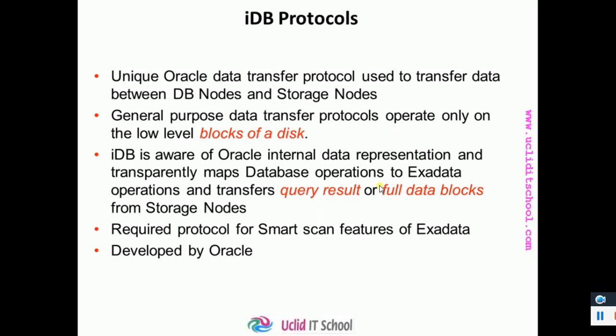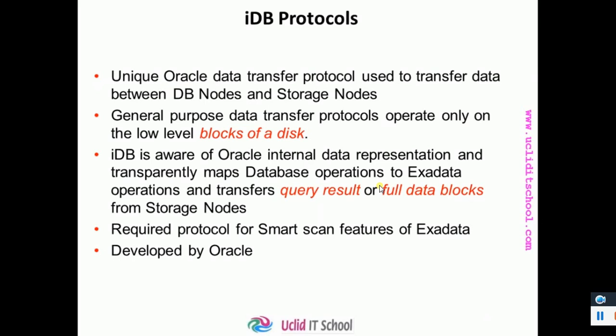In the database machine, in Exadata, the protocol used is the iDB protocol. Oracle doesn't use general purpose protocols like TCP/IP, iSCSI, or NFS, which are generally used in data centers.